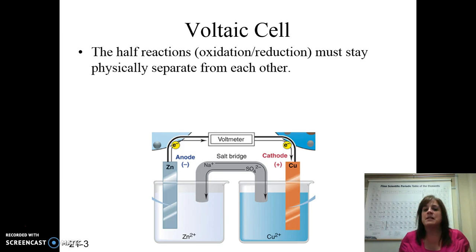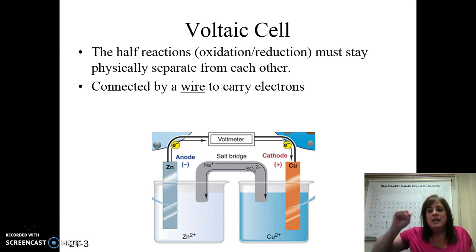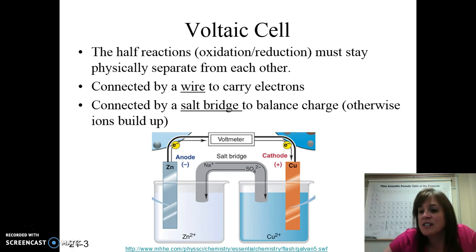We have to keep them separate because we want to harness the electricity, or the transfer of electrons. These reactions are connected by a wire so that the electrons can transfer from one to the other, and then I can harness it to make electricity. Right? Electricity is the flow of electrons.